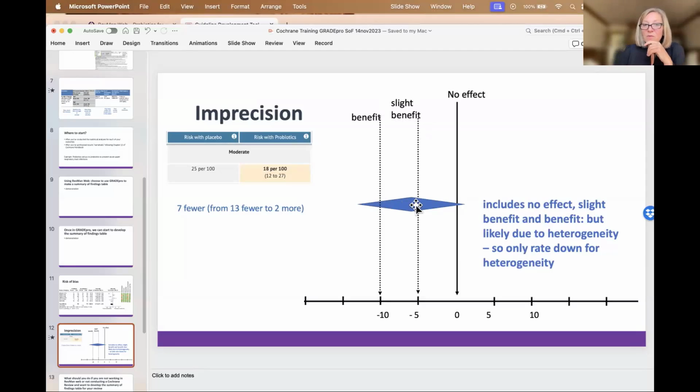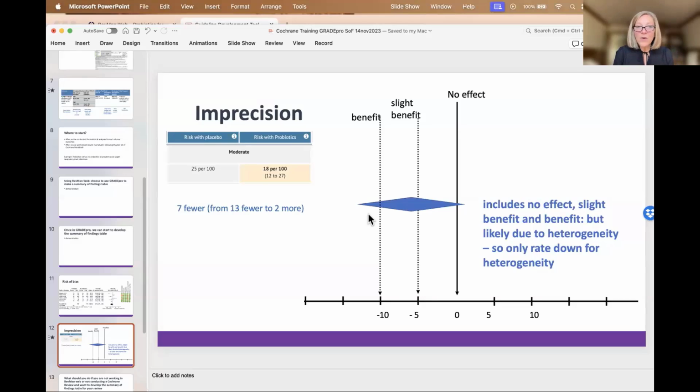And if we plot where our confidence interval and our point estimate are, we see that this confidence interval includes the possibility of no effect or slight benefit, and the possibility of a moderate benefit. And to us, that's quite wide. We would say that this is a very wide confidence interval.